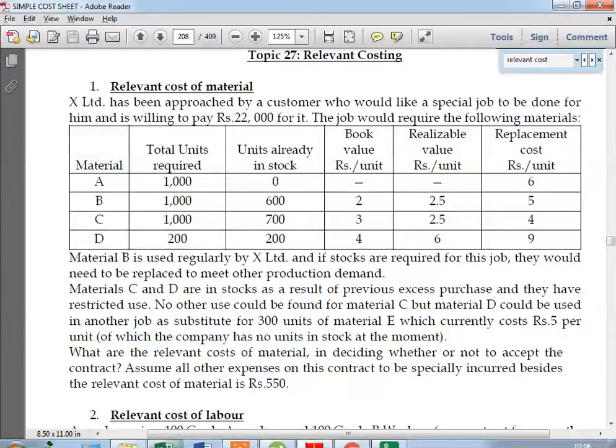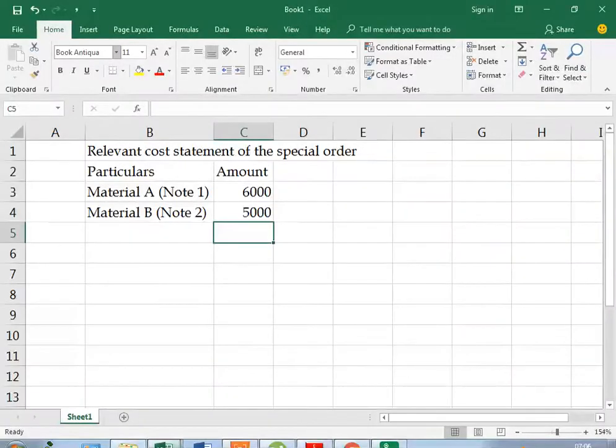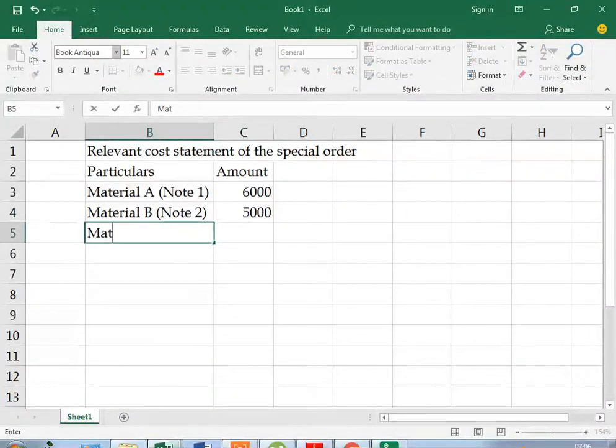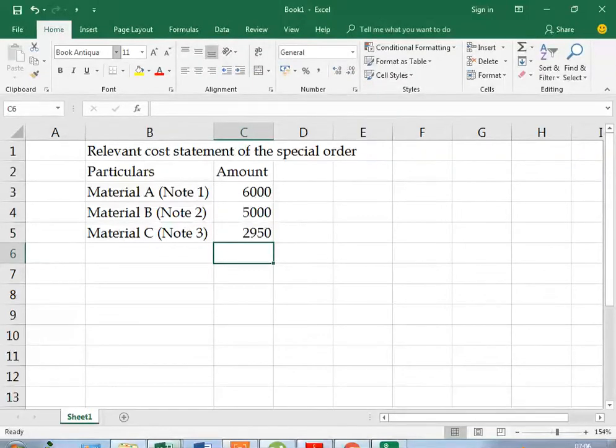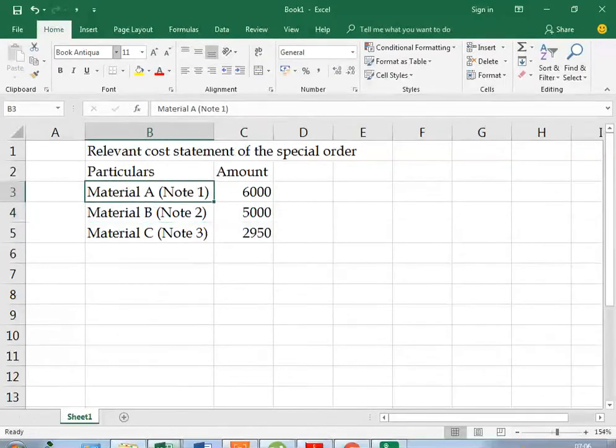Next, total relevant cost of material C equal to 1750 plus 1200. Any doubts on this?